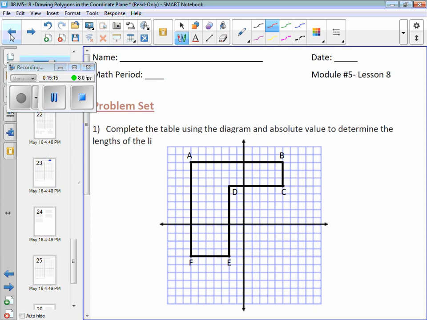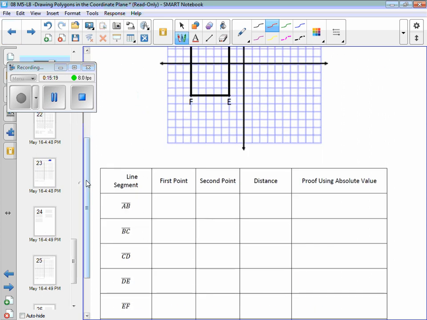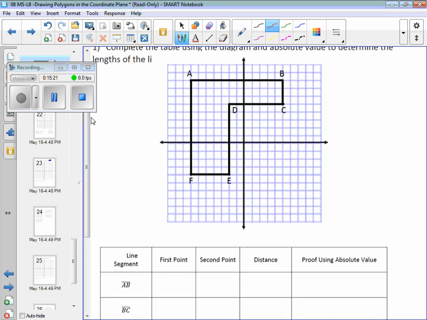I would suggest, before even looking at this chart, write the coordinates of all 6 points right here. Then once they're up here, you can use them for the chart. And then it's done exactly the same way as you did on page 2. Like I said, the only difference is they don't put the numbers in your coordinate plane.